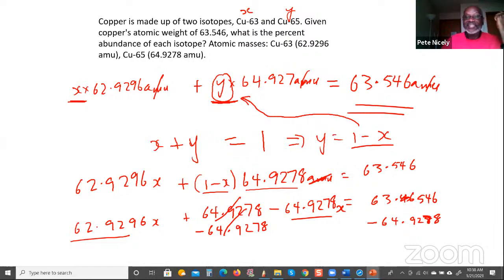According to my calculations, this works out to be, and I need to round this off to 4 decimal places, equal to minus 1.9982.